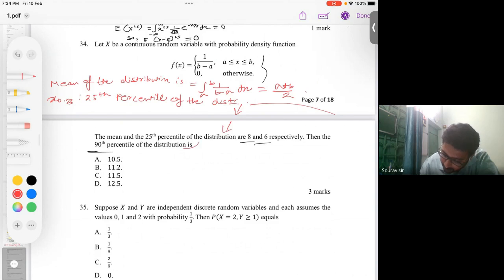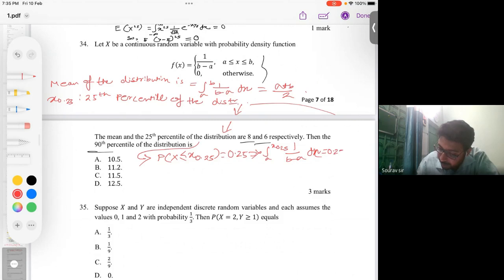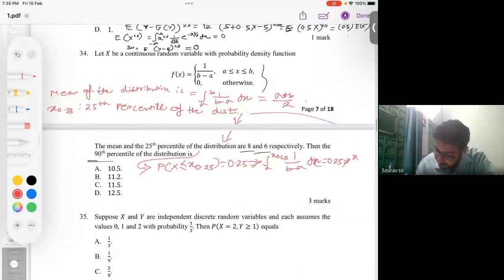P of X less than or equal to x 0.25 is equal to 0.25, which is equivalent to the integration from a to x 0.25 of 1 by b minus a dx equal to 0.25, which implies x 0.25 minus a by b minus a is equal to 0.25.